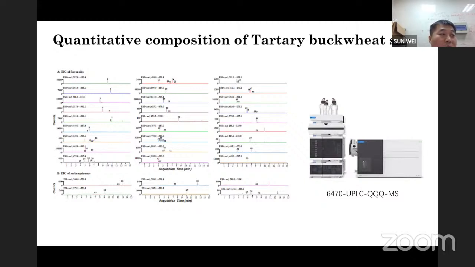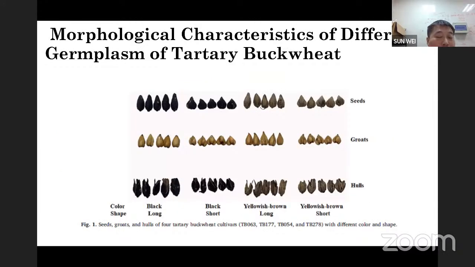All the 71 compounds were analyzed in the positive ion mode, except for 10 compounds. When we finished the quantification and qualification of the compounds in Tartary buckwheat, we could answer our questions about the morphological characteristics of different germplasms of Tartary buckwheat cultivars.